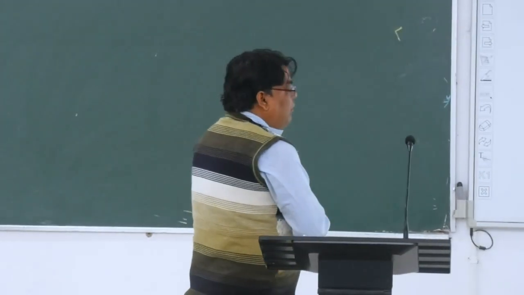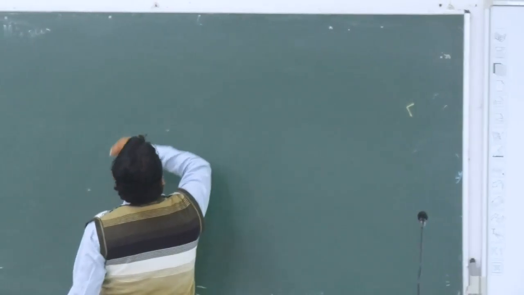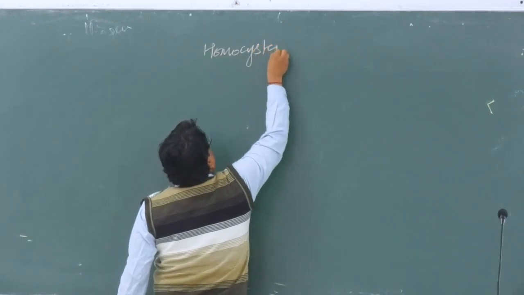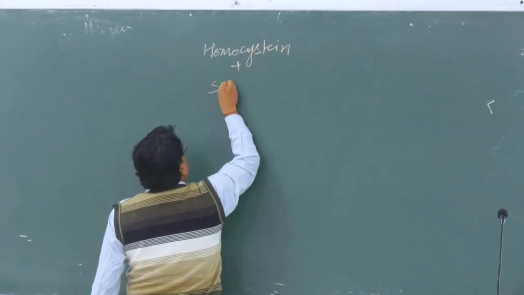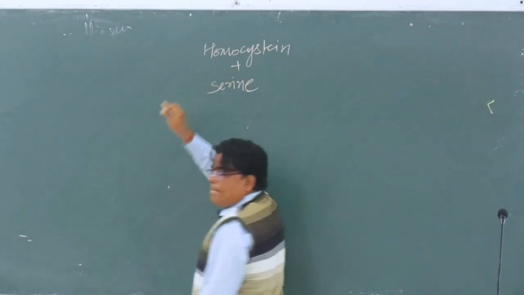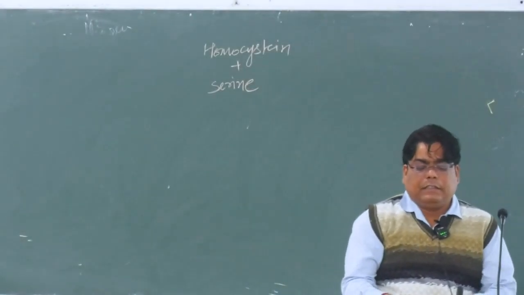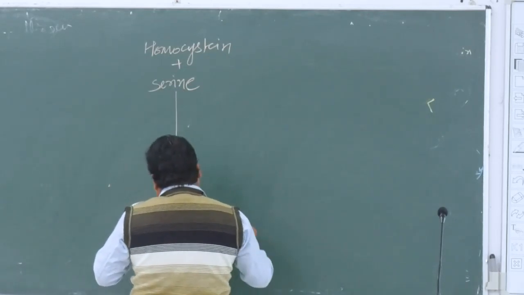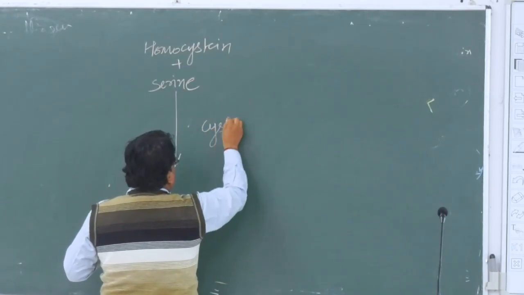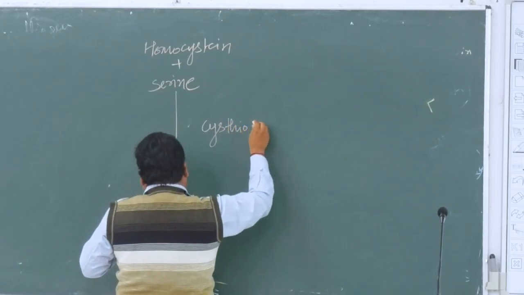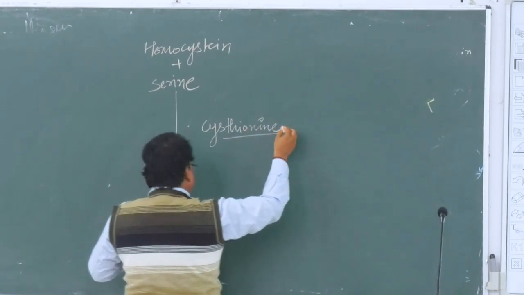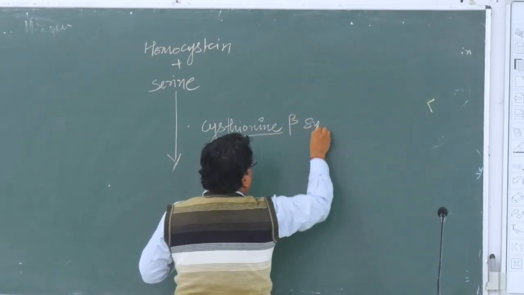Now, in this reaction, homocysteine combines with serine, with the help of the enzyme cystathionine beta synthetase.